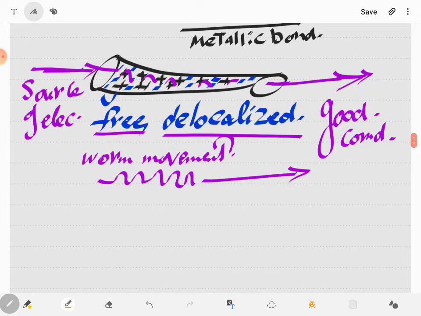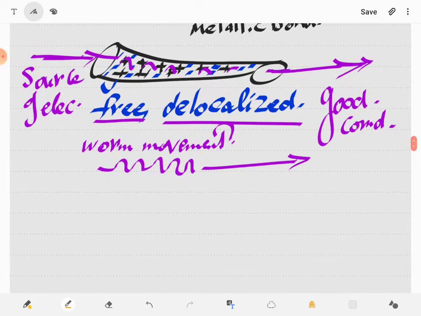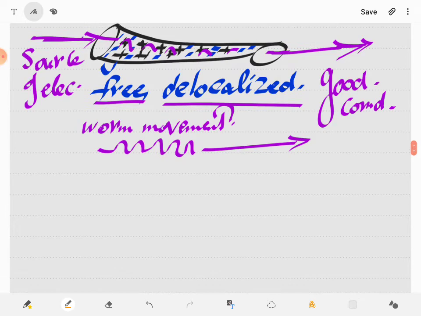Is every metal a good conductor? Not all, there is variation, but the best conductor on our planet is silver, atomic number 47. Maybe you will say it's copper. Yes, but it's not like silver.